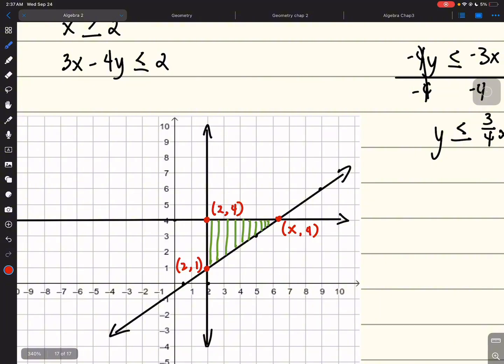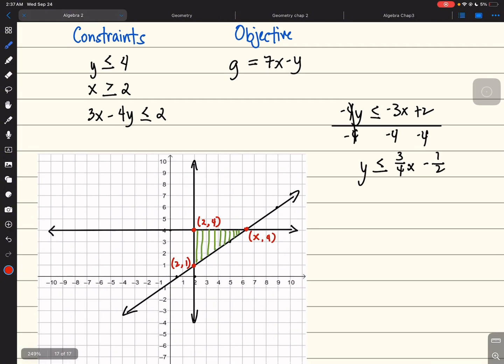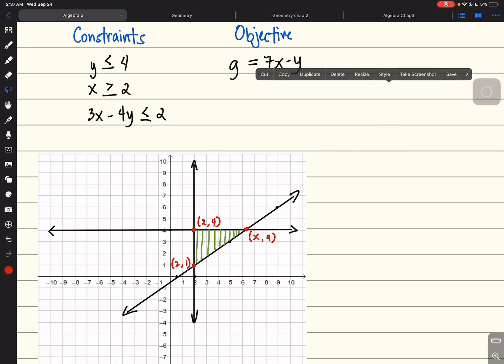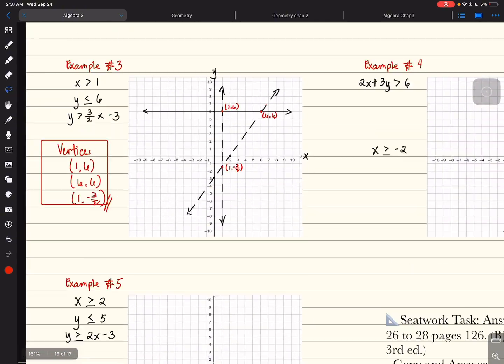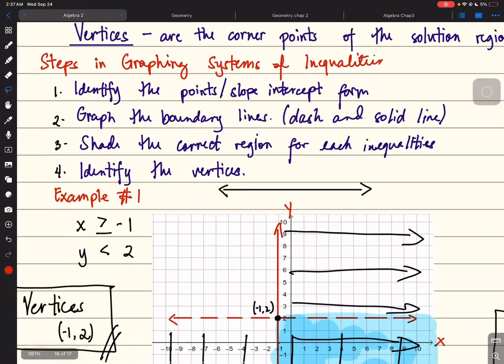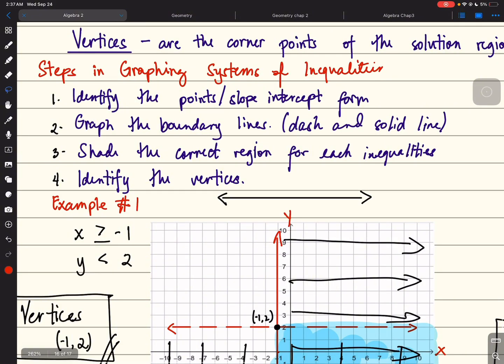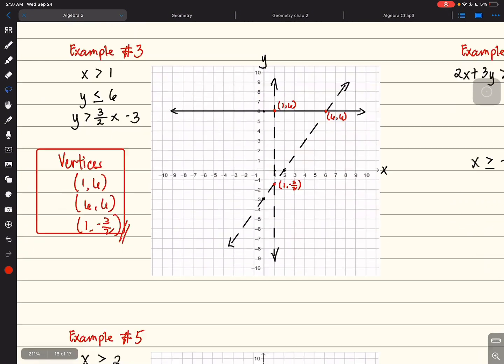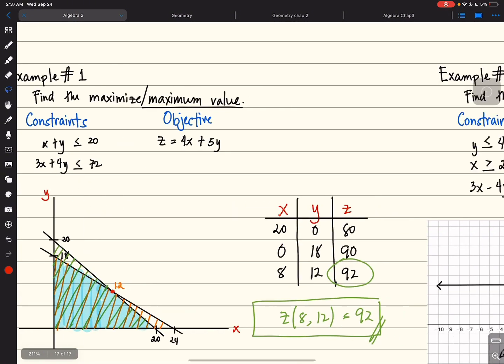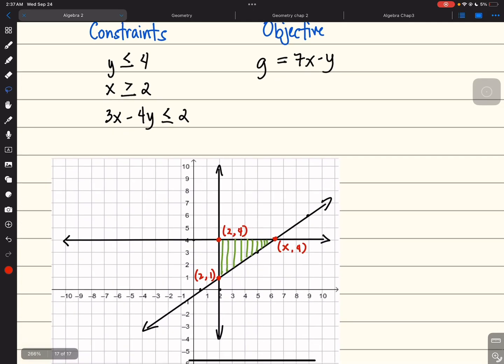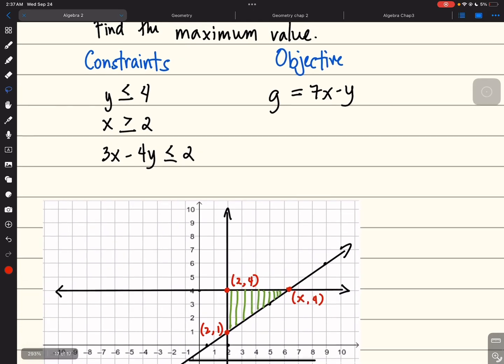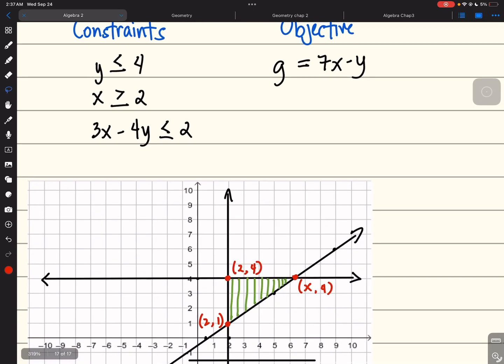Now let's find the value of x. If you still remember my pattern or my steps in finding it, we're going to substitute the value of y so that we can get the value of x.